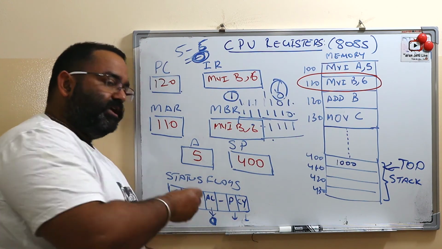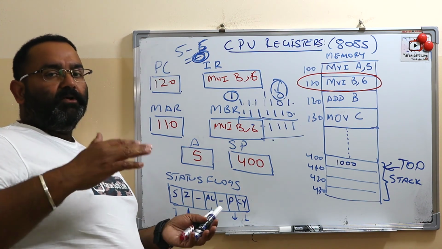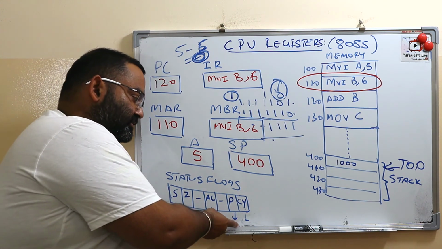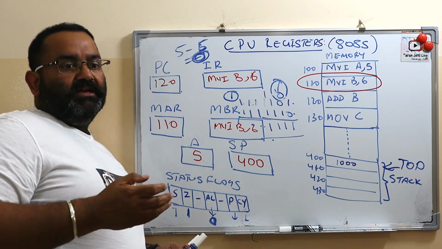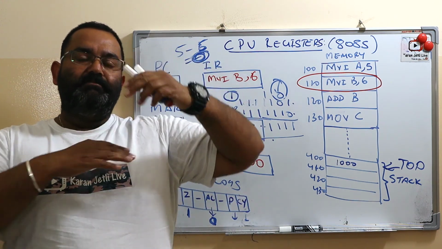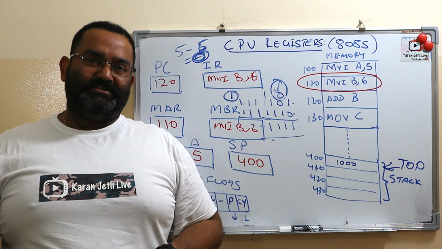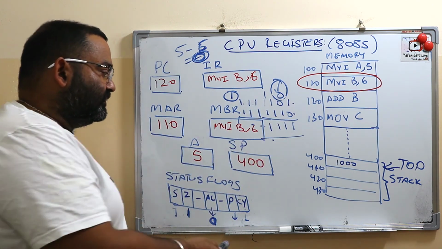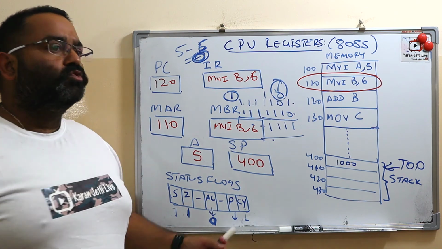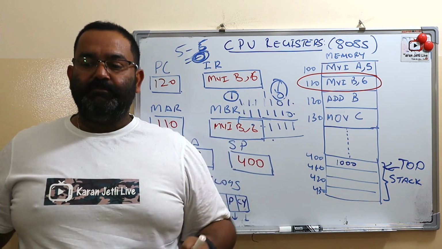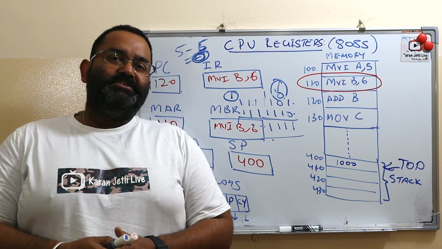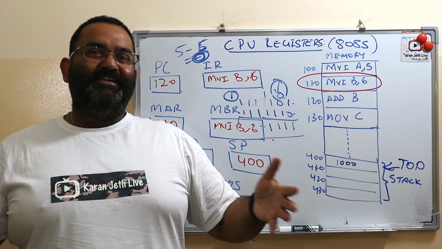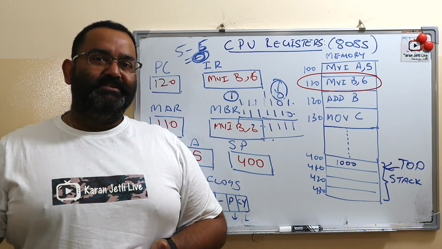If we agreed on even or odd parity, depending upon what parity we agree, the status will become 1 or 0. And CY, in case we are adding two 8-bit numbers and the result is 9 bits, if the 9th bit is generated, then this becomes 1, so that we can take the necessary steps to adjust that 9th bit. So guys, I hope I made myself clear and I hope you understand it.